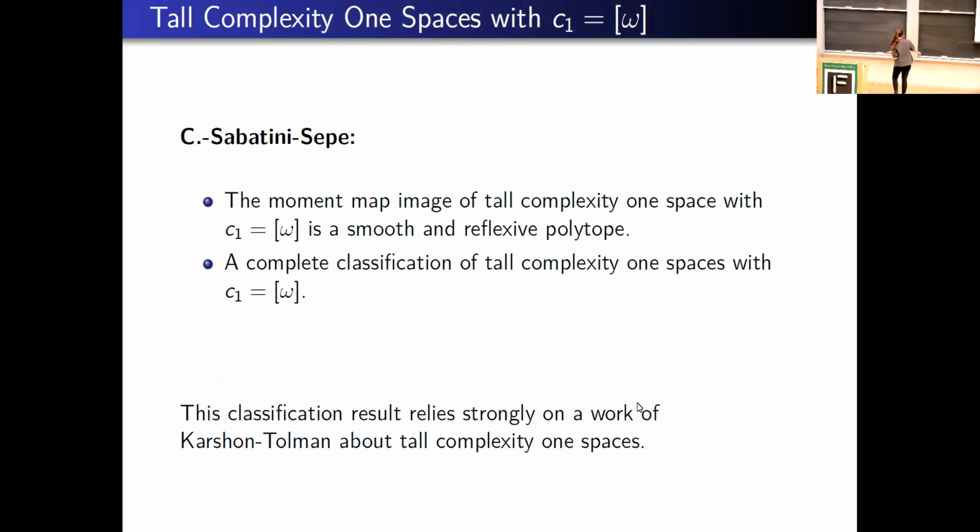And actually, I want to remember quite what this means. Tor complexity means whenever you have a point in your moment map image, then the pre-image of this is not a point, it is a topological surface, for all x.